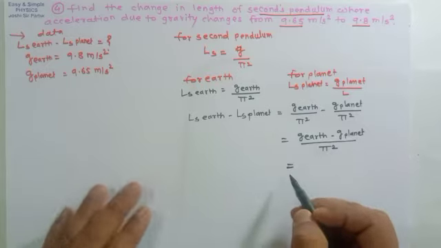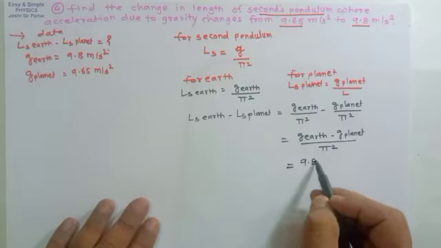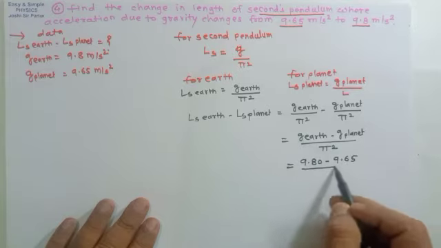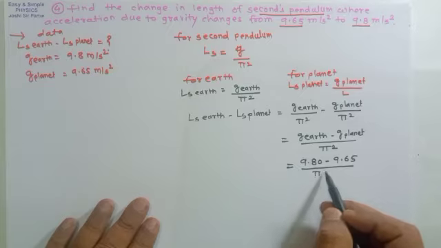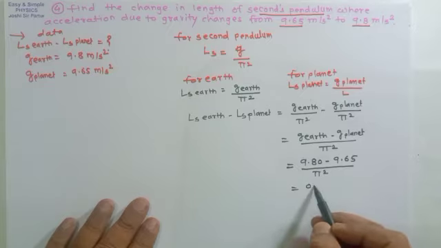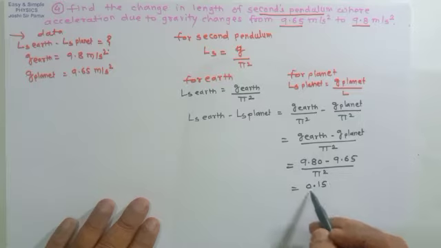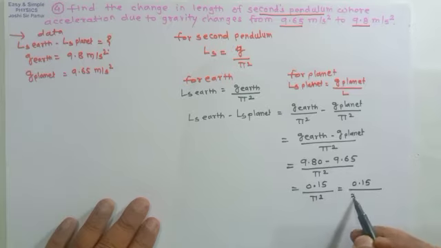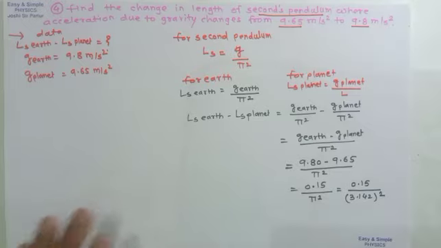Substitute the values. 9.80 minus 9.65 upon pi square. It is 0.15 upon pi square, will be 0.15 upon 3.142 bracket square.